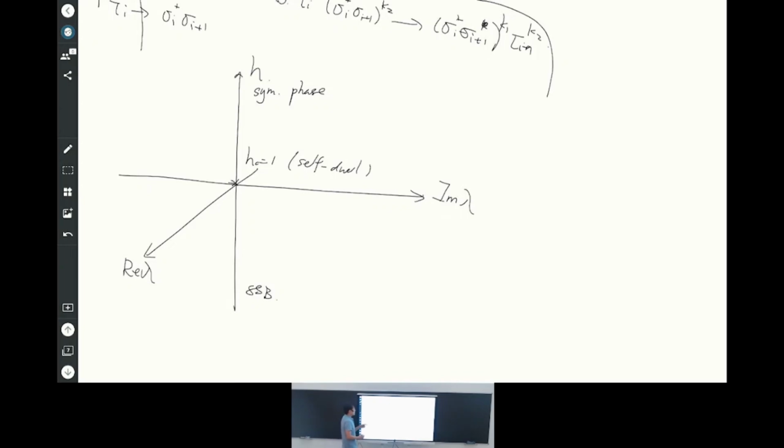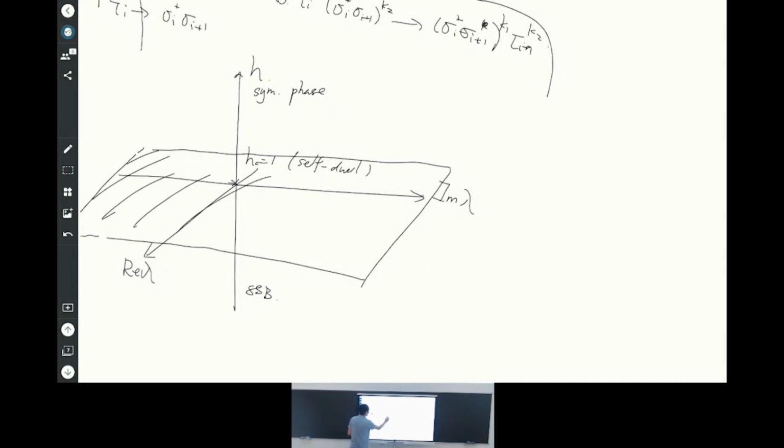And importantly, we can define this plane by the condition H_c equals 1, this is the self-duality plane. Originally this point is the self-duality point. After we add this lambda term, it becomes a self-duality plane, because the H_c term preserves the duality properties.